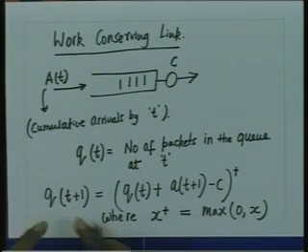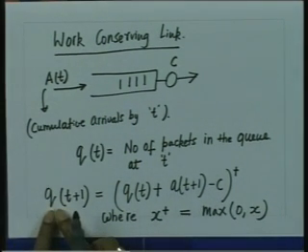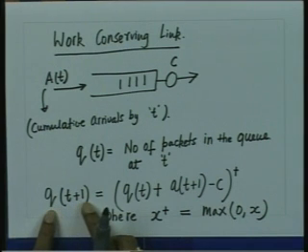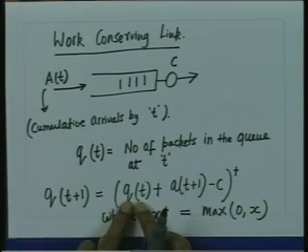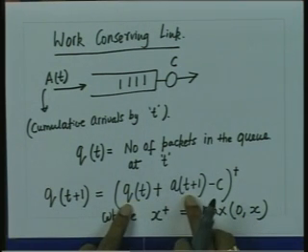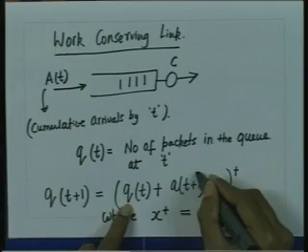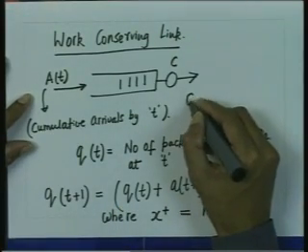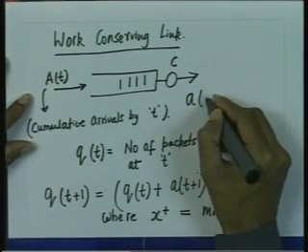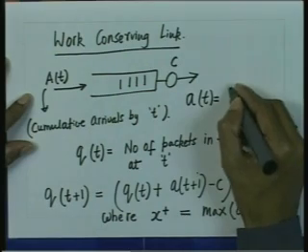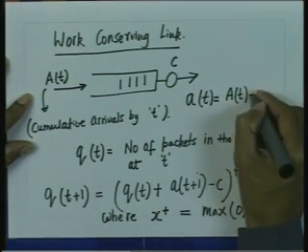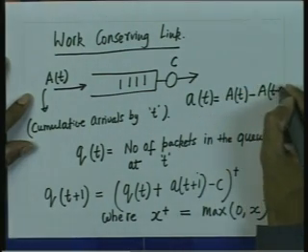Now what does it say? It says that the number of packets in the queue at time t+1 is equal to the max of either 0 or Q(t) + a(t+1) - C. Now what is a(t+1)? We are saying that a(t) is given by A(t) minus A(t-1).